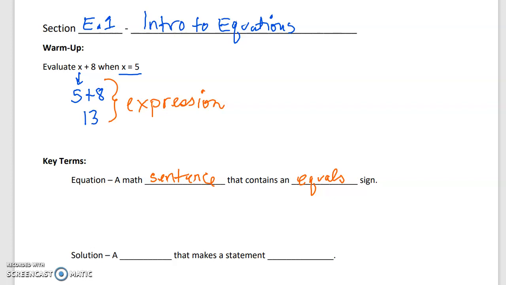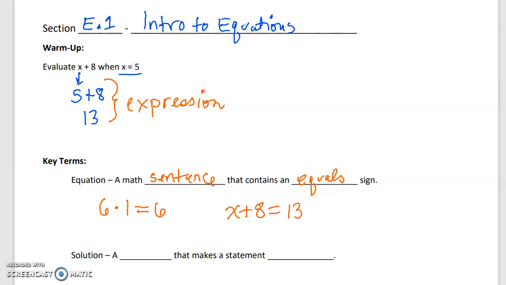So for example, equations that we've used before would be when we did the properties. So we did like 6 times 1 equals 6. This is an equation. It's telling us that the left-hand side, 6 times 1, is equal to the right-hand side, 6. You could also have an equation with variables in it. So you could have something like, let's go back up to our warm-up, x plus 8 equals 13.